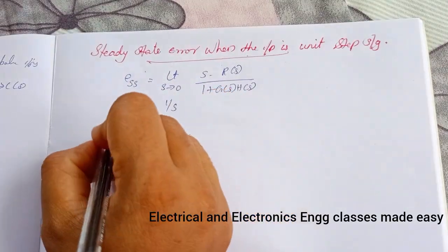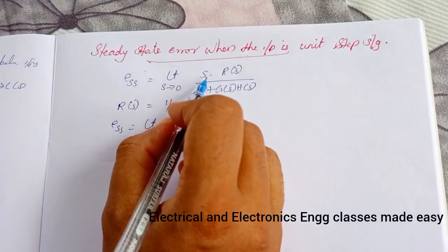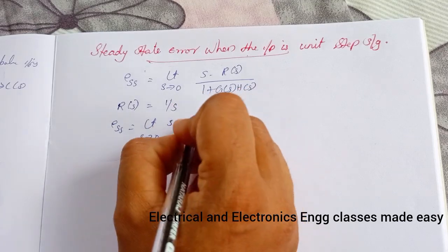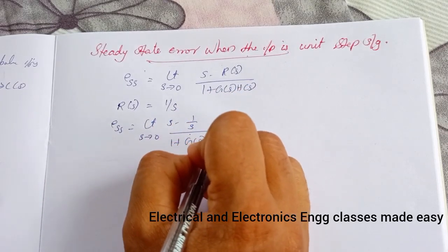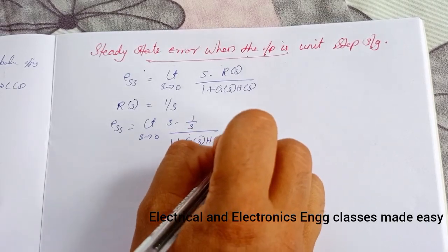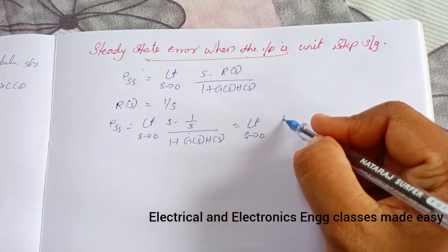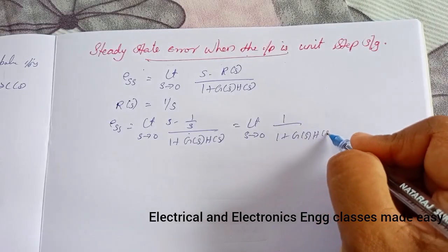So we can write ESS equal to limit s tends to 0 of s into 1 by s divided by 1 plus G(s)H(s), and we get limit s tends to 0 of 1 divided by 1 plus G(s)H(s).